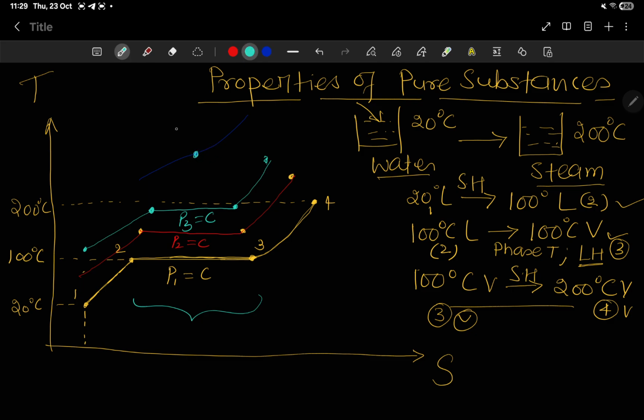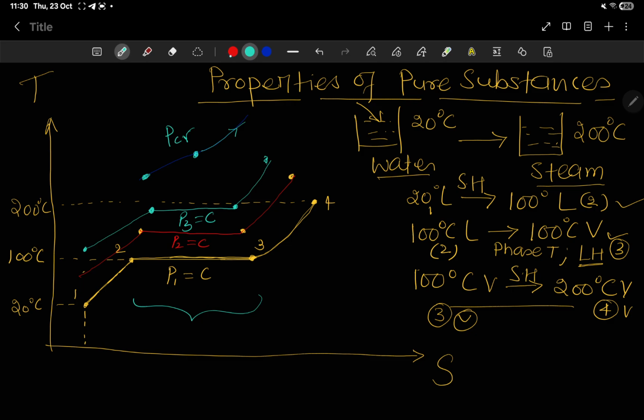At this pressure, called the critical pressure, P critical, if I heat a liquid, it will directly convert into vapor.